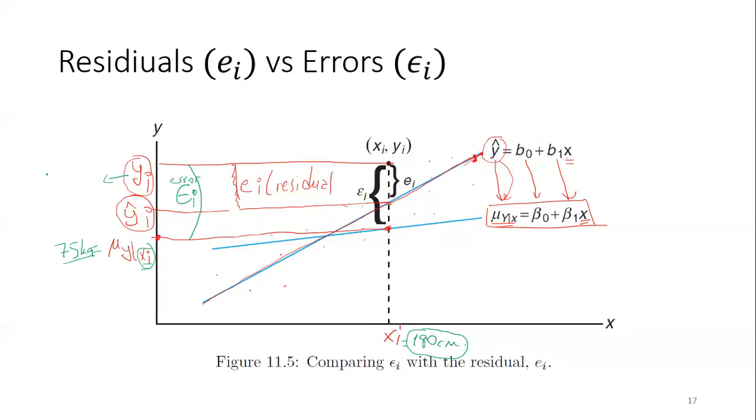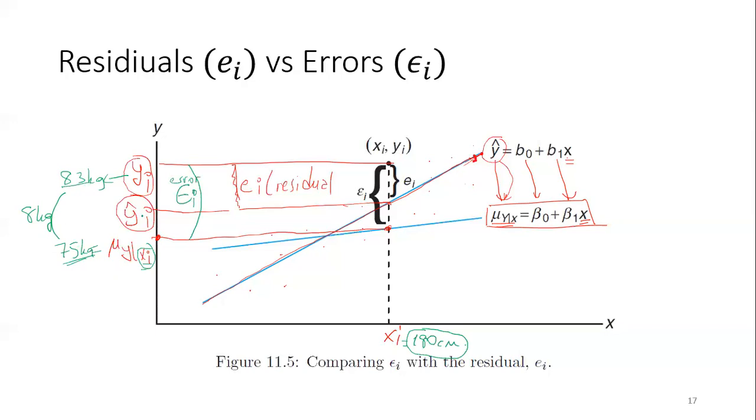And let's say this is the weight of me, my height is 180 centimeters, and my weight is 83 kilograms. So the difference is 8 kilograms, which is the error term. My error, the difference between the mean and my own weight, is 8 kilograms.